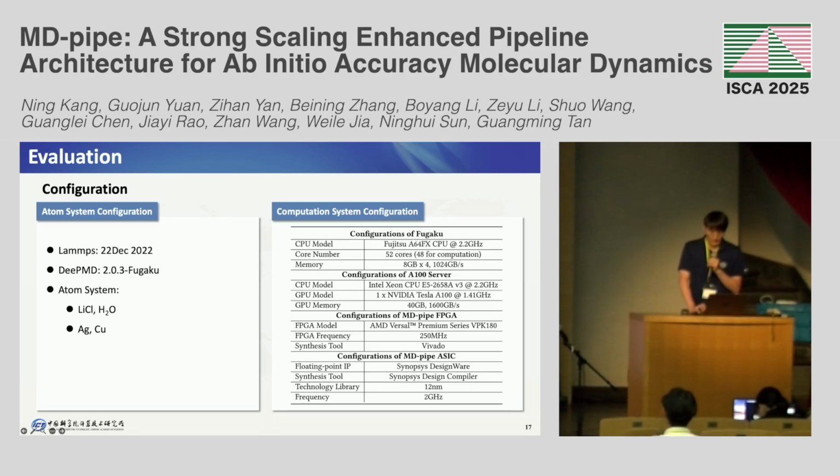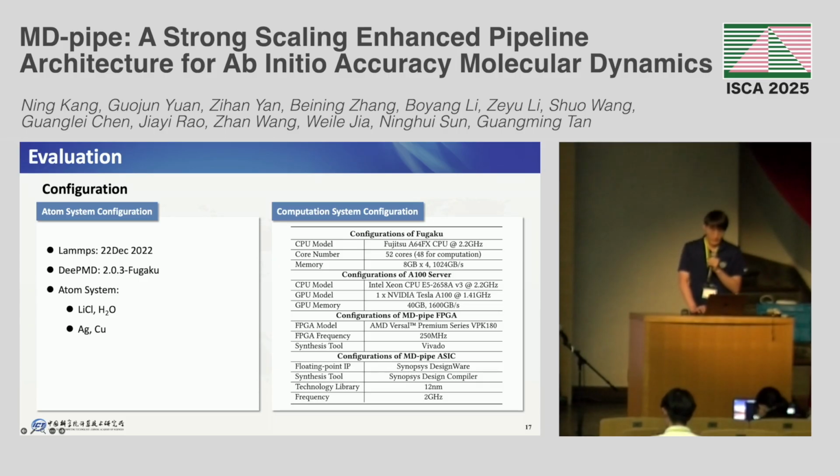Next is the hardware platform. For the baseline on supercomputer, we use Fugaku with 48 computing nodes. Next, for the baseline GPU server, we deployed an NVIDIA A100 with 40 gigabytes of memory.